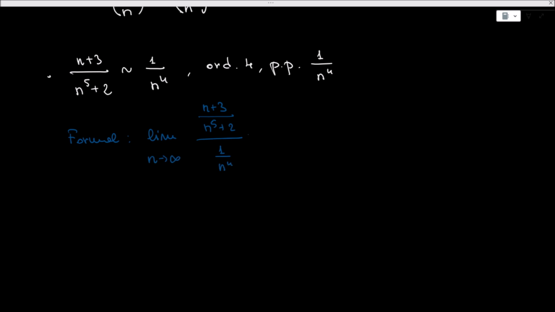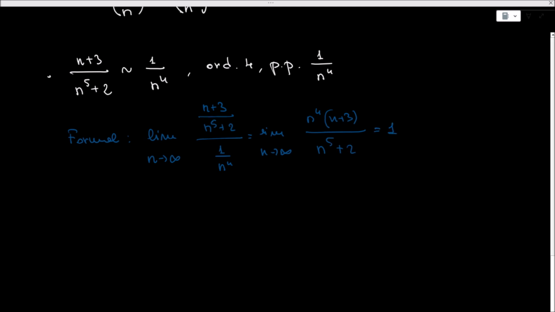And this is just the limit as n goes to infinity of n to the fourth multiplied by n plus 3 divided by n to the fifth plus 2. But of course this limit is just 1. So this proves the fact that n plus 3 divided by n to the fifth plus 2 is asymptotically equivalent to 1 over n to the fourth.